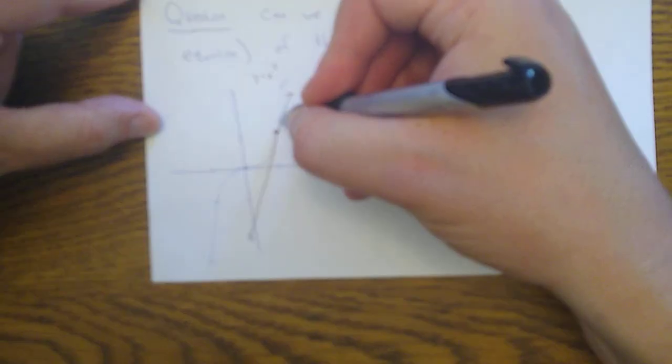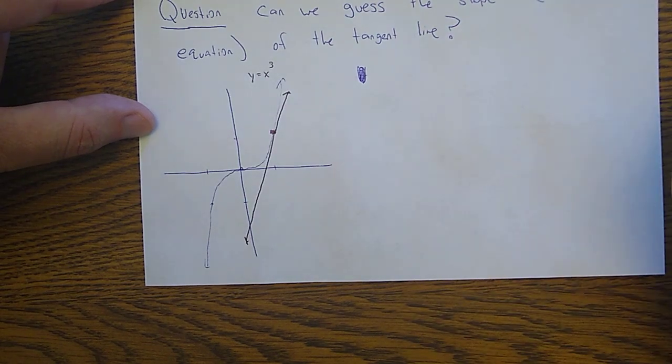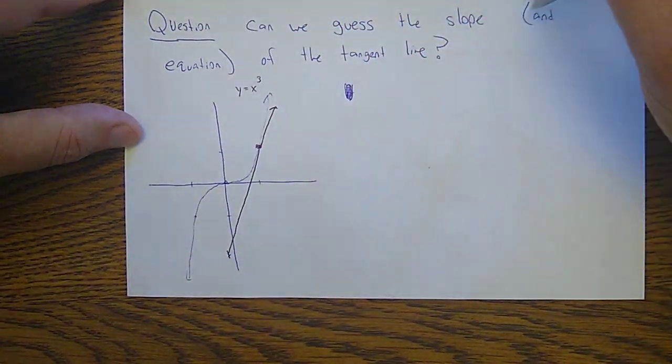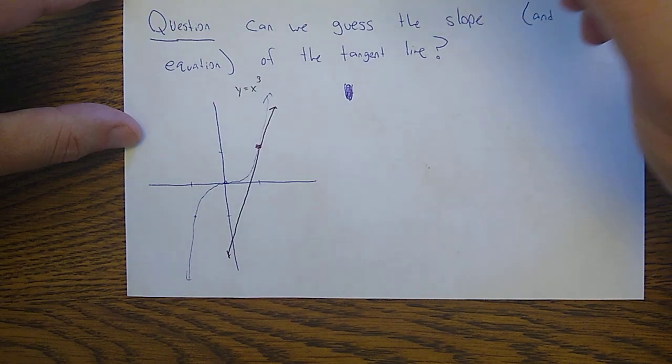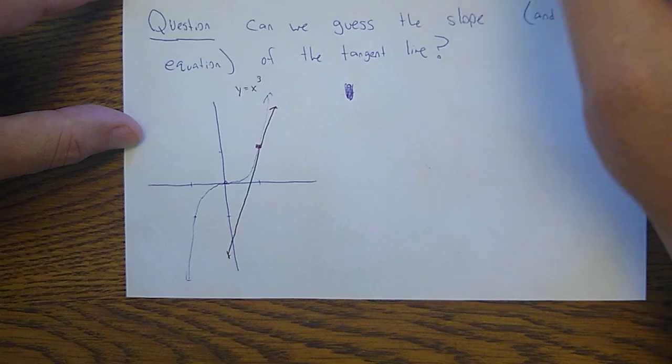Then you take that second point closer and closer to the first point until they're essentially the same point. That's how you get the tangent line. This will be more formal later, but for now, let's just make a guess. Can we guess the slope and the equation of this tangent line?